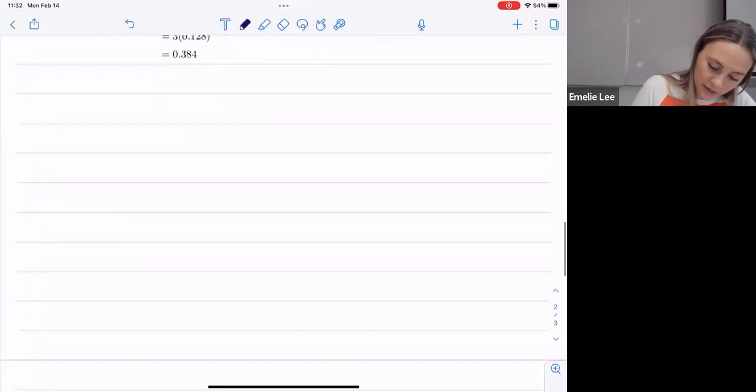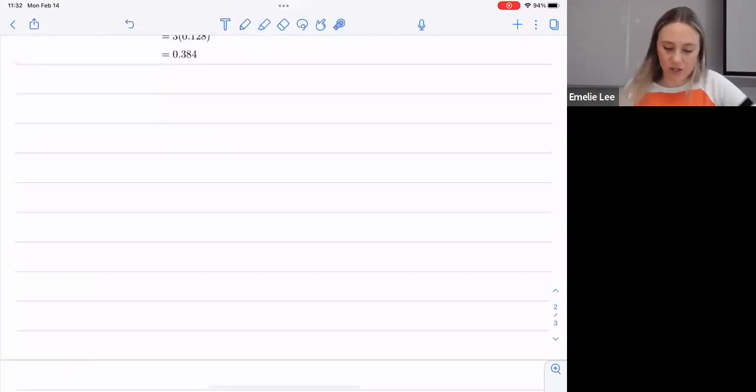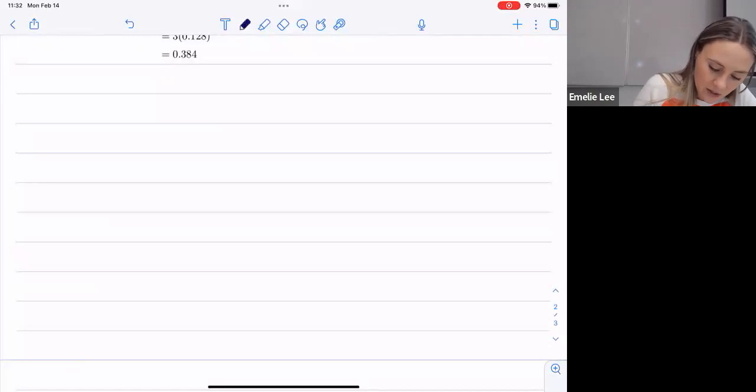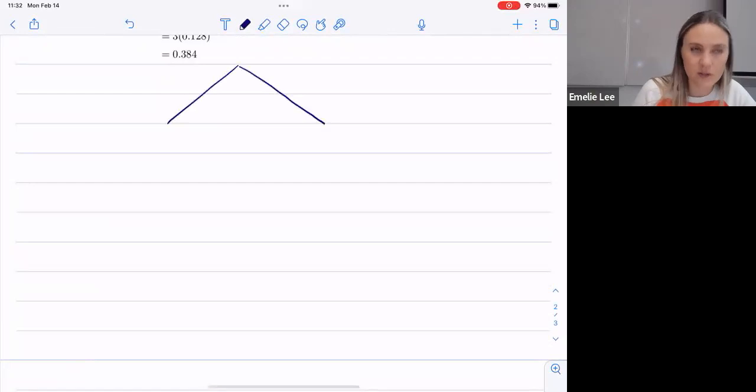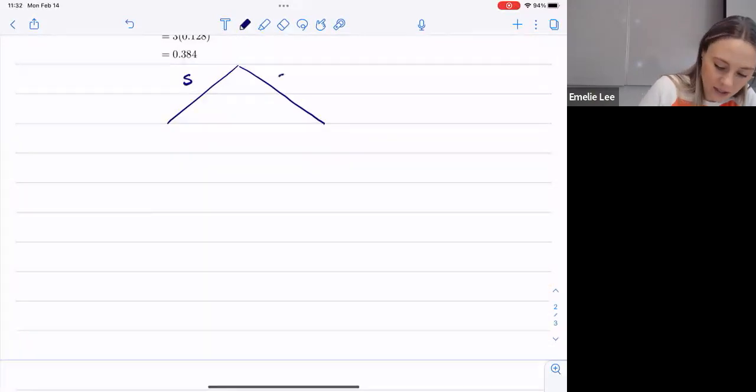Okay, so I'm going to draw out this tree. I've got a page break here, so I just want to make sure I have enough space. So I'm doing 3 trials. So here, it either goes in, so an S, or it doesn't.